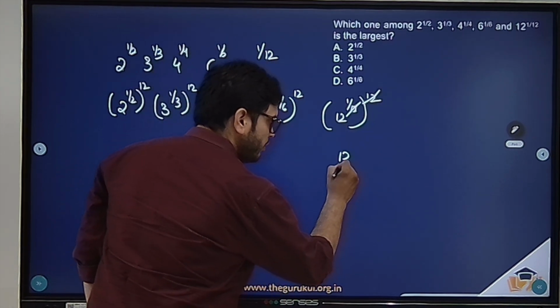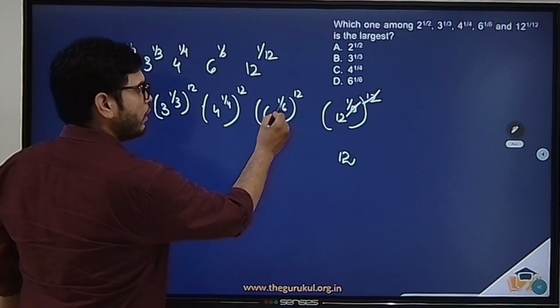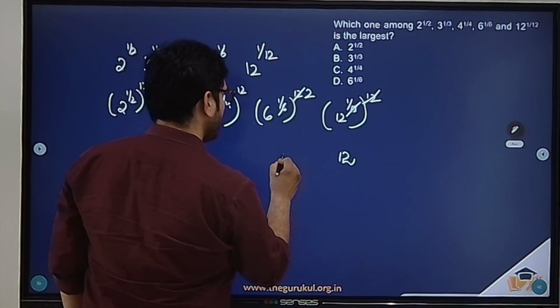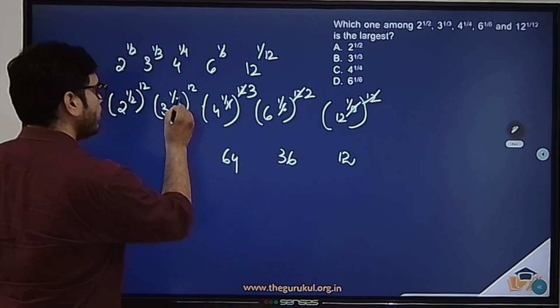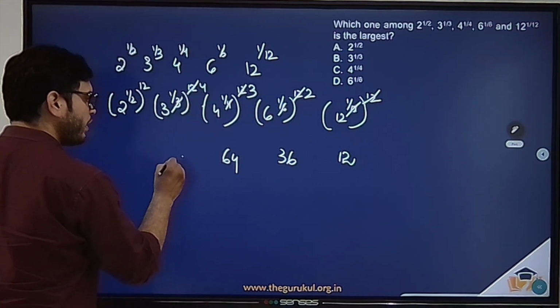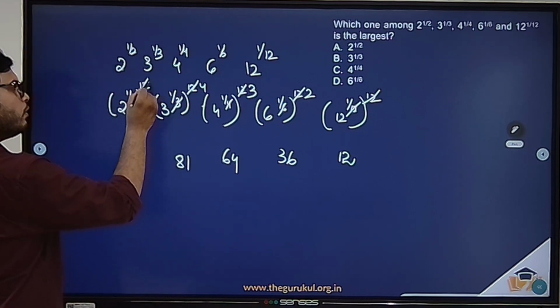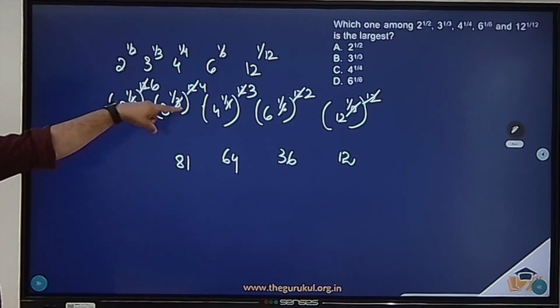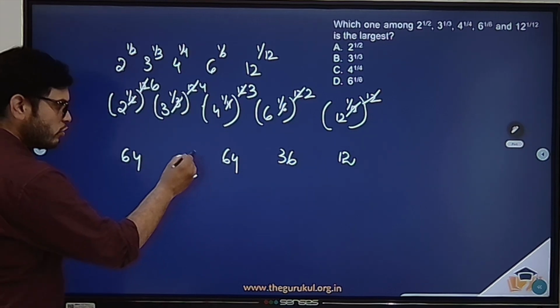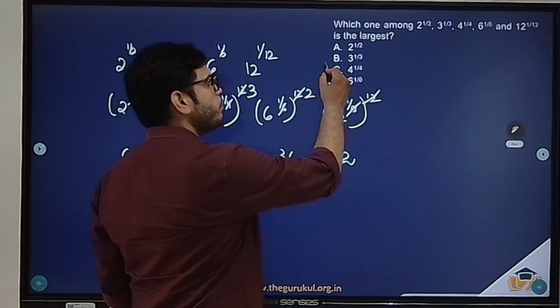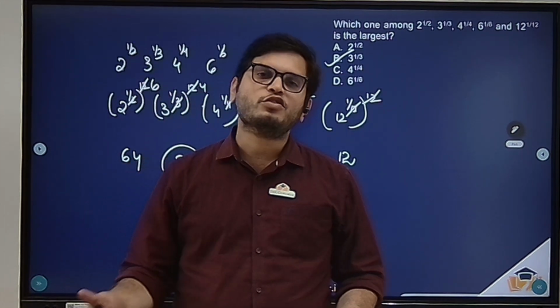This is 2 power 6, which is 64; 3 power 4 is 81; 4 power 3 is 64; 6 power 2 is 36; and 12 power 1 is 12. Now we are asked to find the largest of all. So the answer for this question should be 3 power 1 by 3, hence option B.